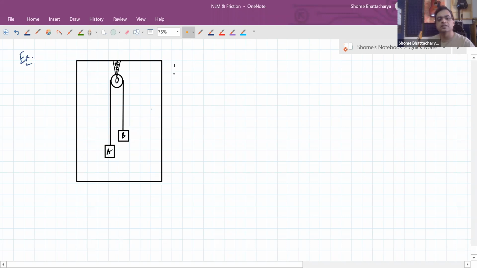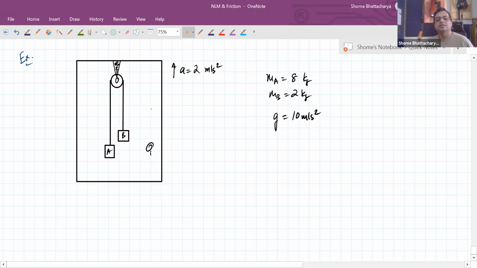Now this elevator itself is accelerated vertically at, let's say, 2 meters per second square. And mass of A is given to us as, let us say, 8 kilograms, and mass of B is given to us as 2 kilograms. And the acceleration due to gravity is 10 meters per second square.